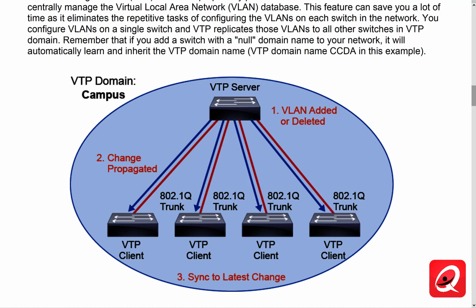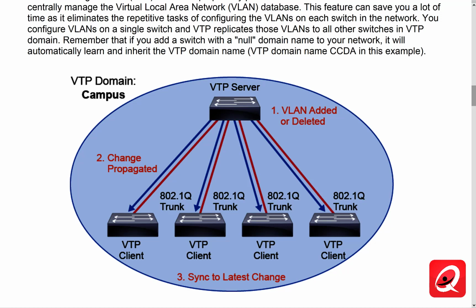Now, let's talk about the purpose of VTP, and then I'll explain why it's a protocol that we need to be very aware of. The purpose of the protocol, much like DTP, VTP was designed to make our lives a little bit simpler.